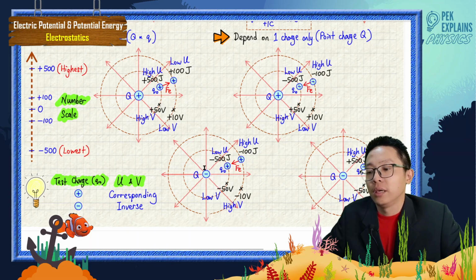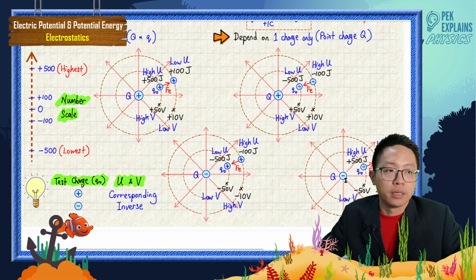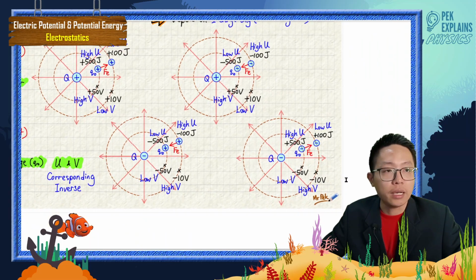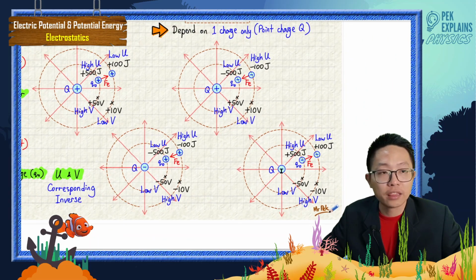The third one is a negative point charge and a positive test charge. The last one is a negative point charge and a negative test charge.